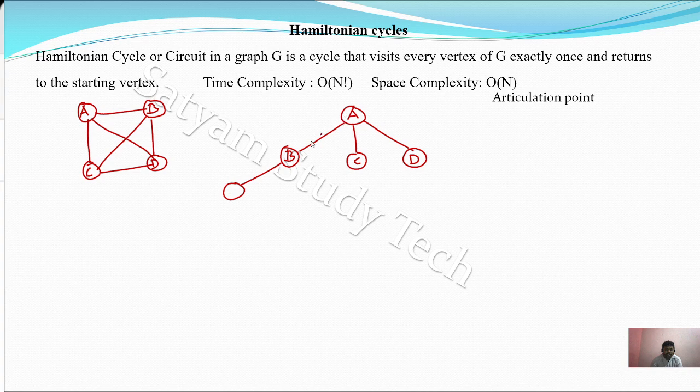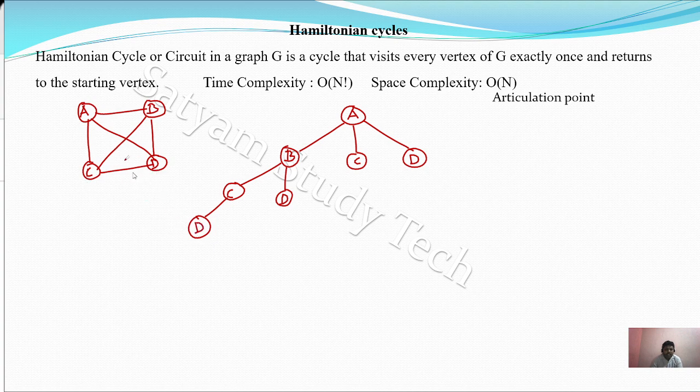Next, A and B are visited vertices, while C and D are not visited. Is there any edge from B to C? Yes, the edge is there. Then C to D, is there an edge?